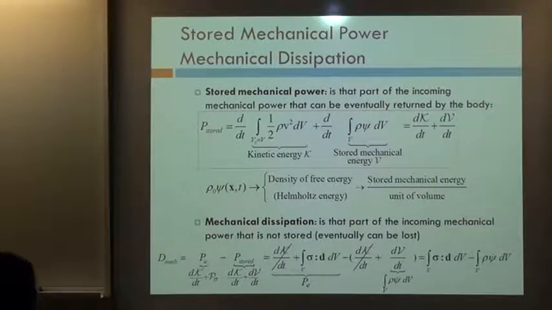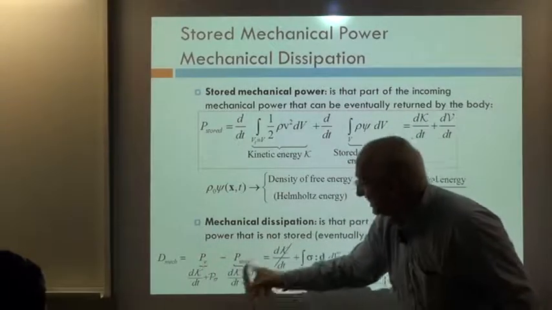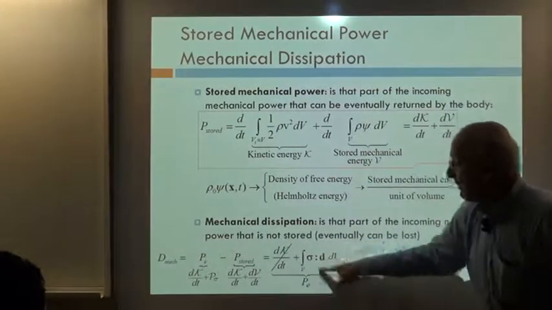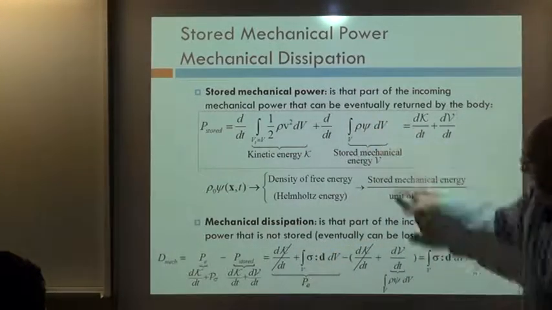Then in symbols, it can be described like that. This term plus this term minus this term plus this term, this and this cancel. So this is the stress power, and that term here.